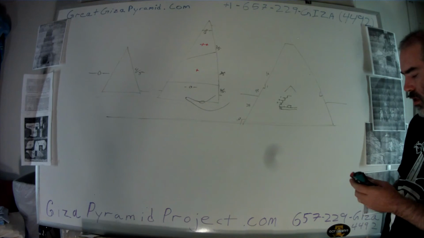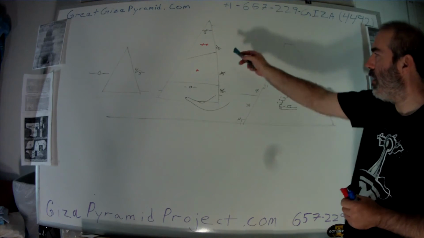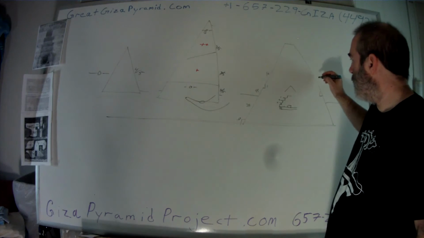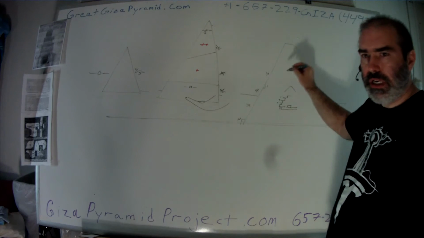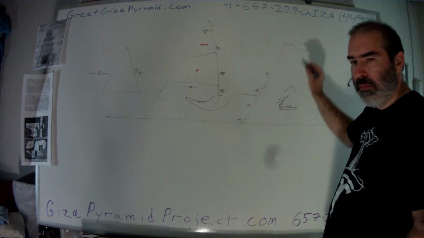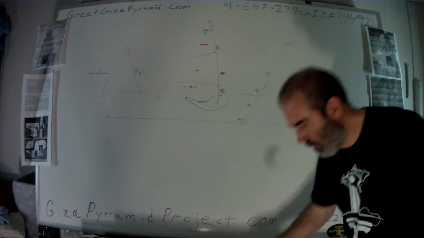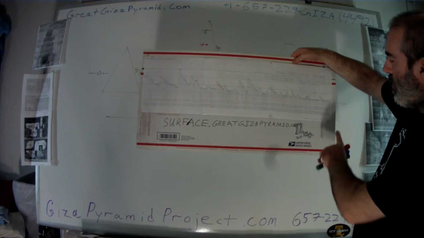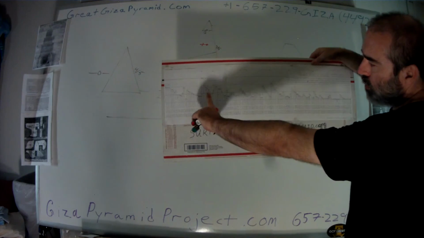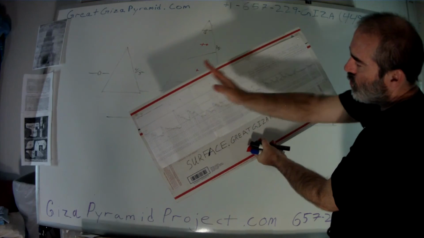From here, this is going to be negative. I should have made that green, because this has more static electricity, and it's not being allowed to go anywhere, and it's being built up. Now, what's even better about the structure is if we were to look at the measurements of the surface of the structure, with this being the 35th level, you can see that it has a sweeping pattern.